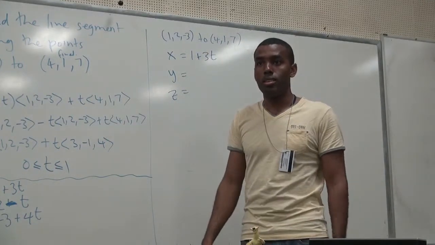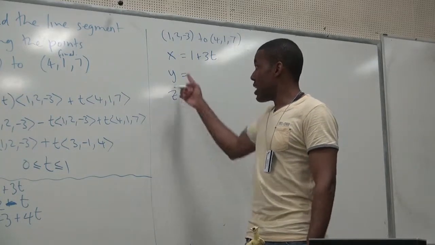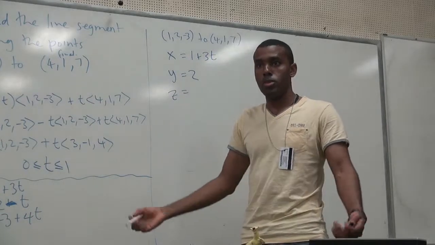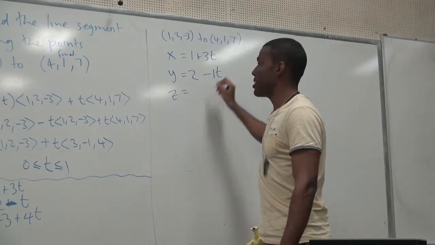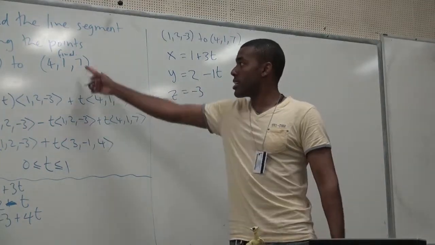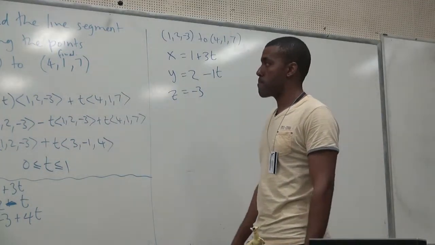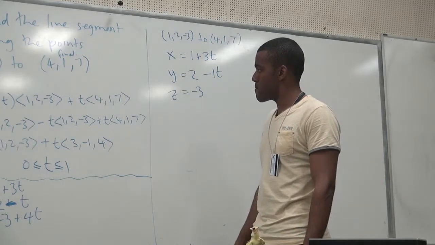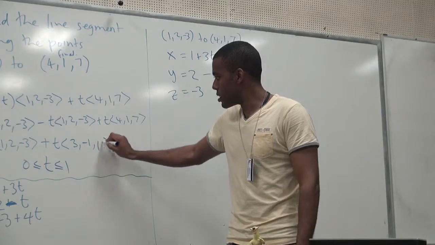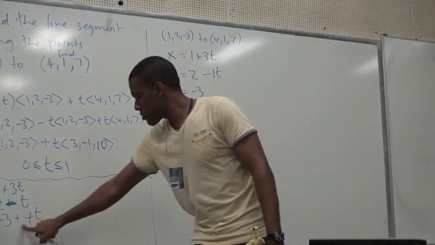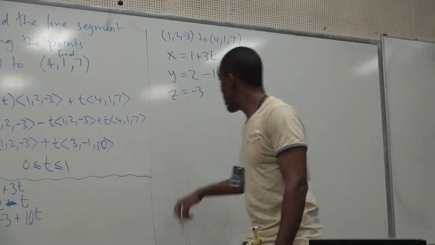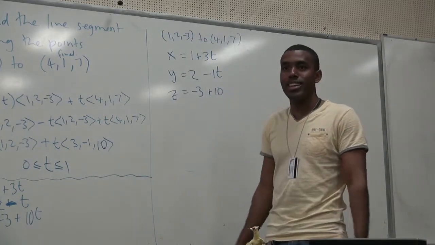Attach a t to that. y starts at 2. What do I need to do to get to 1? Subtract 1. Attach a t to it. z starts at minus 3. What do I need to get to 7? You were right, that should actually be a 10, because it was 7 minus minus 3. That tells you that you have to add 10 to get to 7.